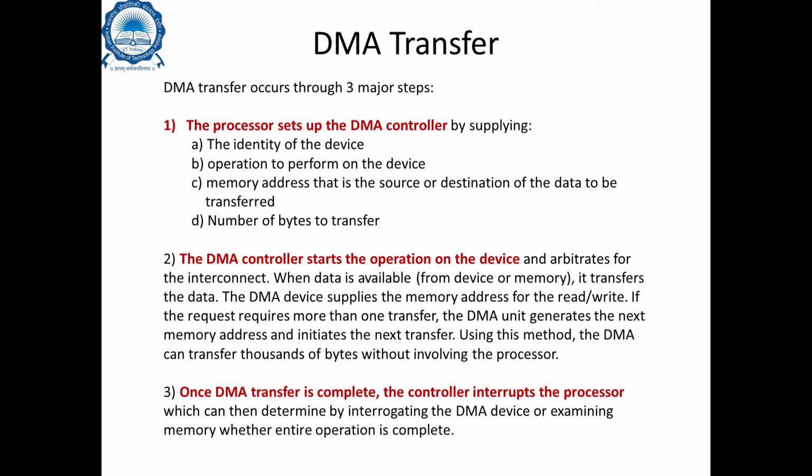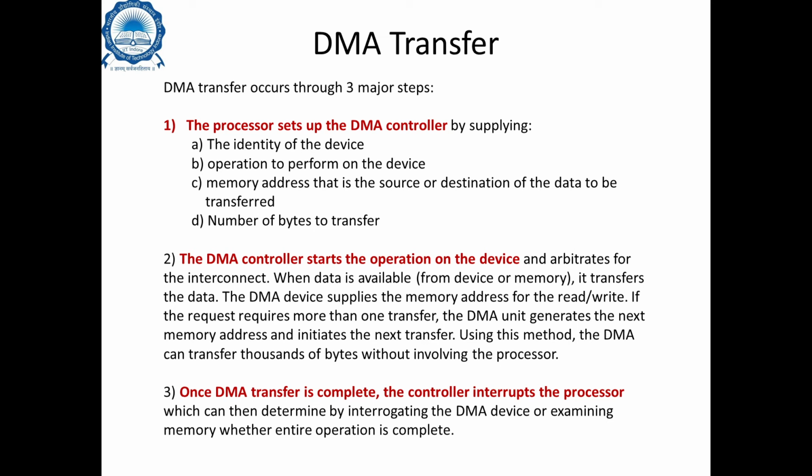Second is the operation to perform on the device. The third is the memory address, that is the source or destination of the data to be transferred. And last is the number of bytes to be transferred. So these four pieces of information have to be provided by the processor to set up the DMA controller.